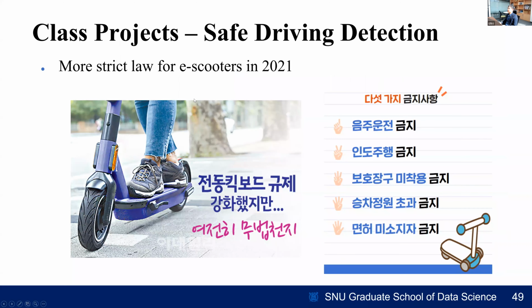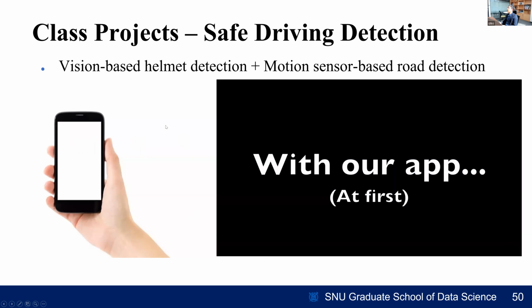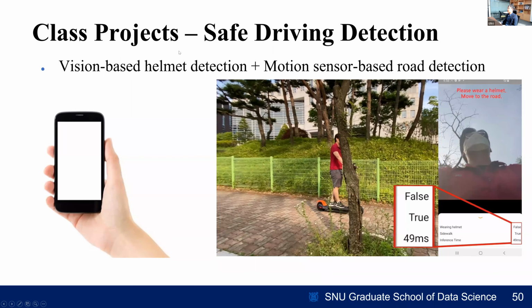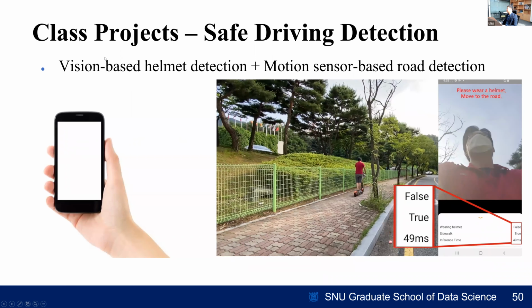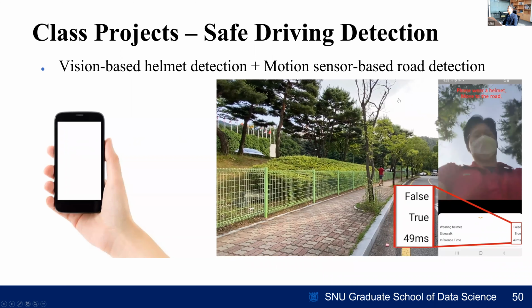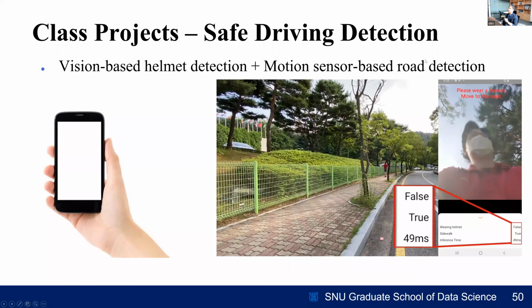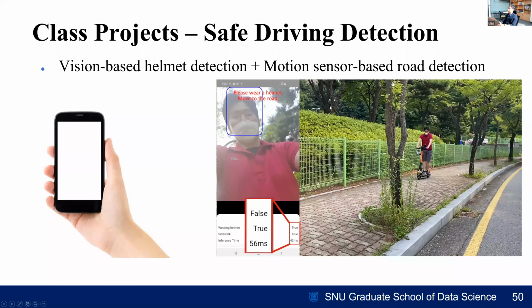And also there was a trendy class project, due to the fact that the law regarding electric scooters suddenly became more strict last year, 2021. So how about detecting a helmet based on vision, using a smartphone camera, and also detecting what kind of road the users are driving on, right?